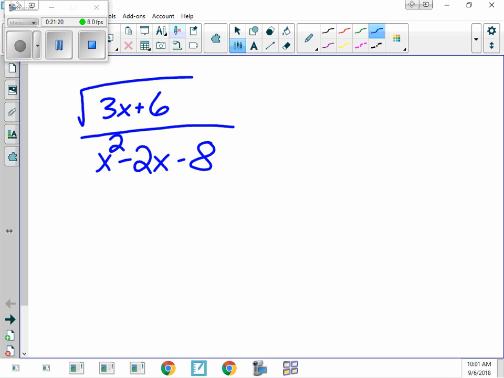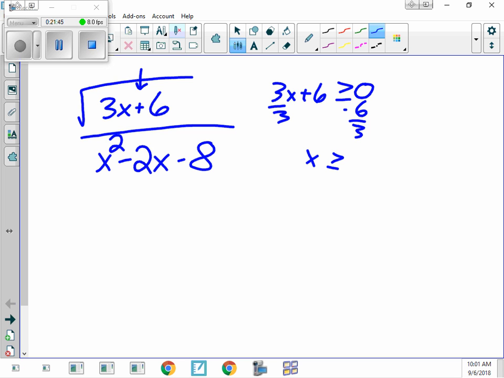What is the domain of this equation going to be? Well, first, let's deal with this one. I know that 3x plus 6 has to be greater than or equal to 0. So I subtract 6 and I divide by 3.